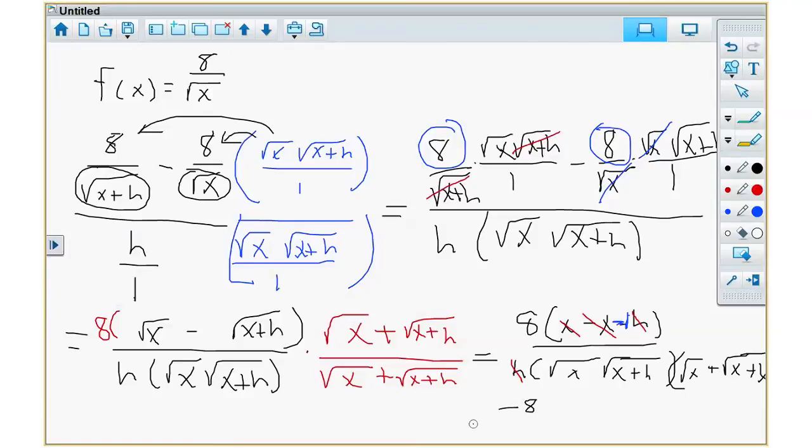Let's go ahead and zero our h's out. There's only 1. Well, there's 2. So that takes that h out and that h out. So that leaves us with the square root of x, distribute it. You can distribute it if you want to or whatever. Doesn't matter. So I'll just write it out. Square root of x times the square root of x plus the square root of x. And if you distribute that square root of x, you're going to get x plus x, which is what?